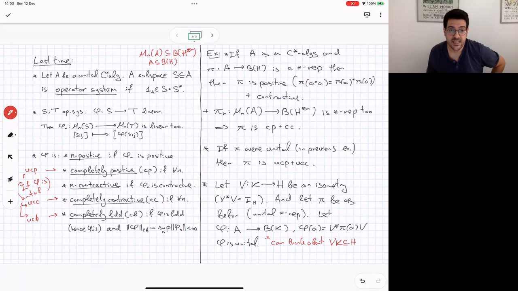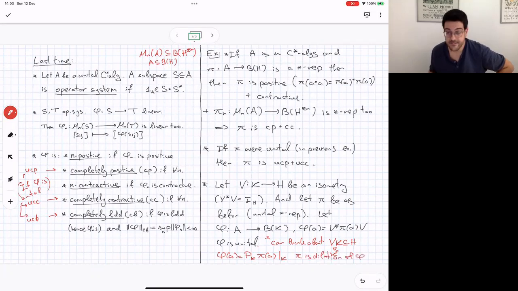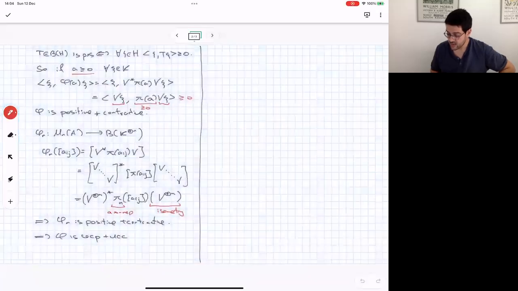In this sense, if you think about K sitting inside H, then phi A is nothing but the projection onto K times pi A restricted to K. So in other words, pi is a dilation of phi, right? We defined the dilations of maps last time. So pi is a dilation of phi.